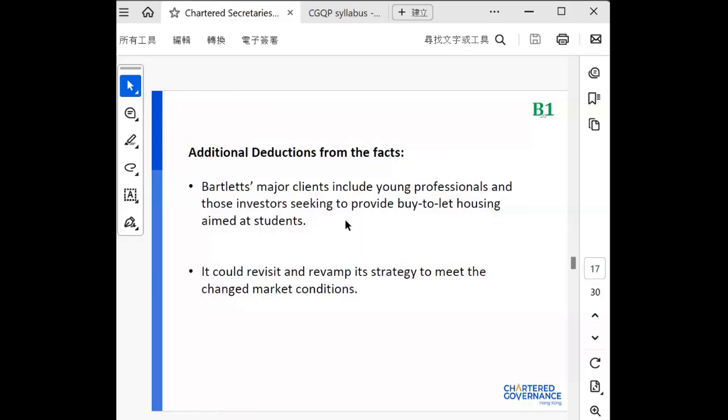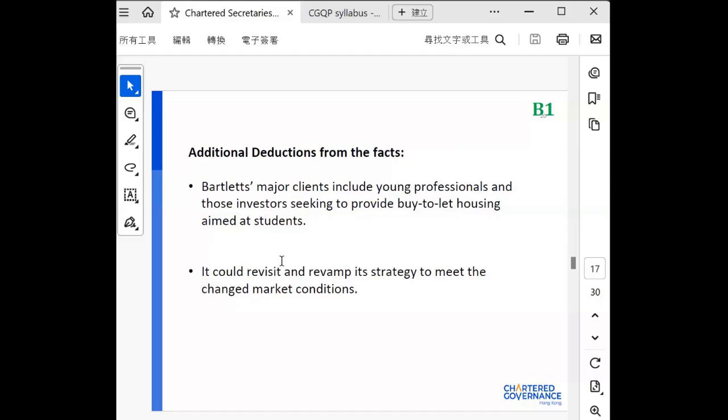That is the most difficult part, because by deduction, you will demonstrate to the examiner that you really have understood the questions. Now, the major clients, what can you deduce from this? That they are young professionals, and the investors seek to provide buy-to-let housing aimed at students, and the company has to revisit and revamp its strategies to meet the changing environment.